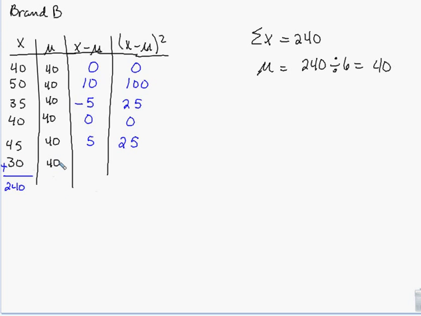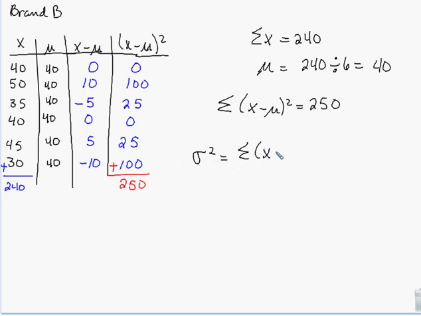And then 30 minus 40 is negative 10. Squared is 100. And when I add all of these together, I get 250. And that means that my sum of x minus mu squared is 250. And my variance, again, is that sum divided by n. So I take 250 and I divide it by 6, and I get a variance of 41.67.